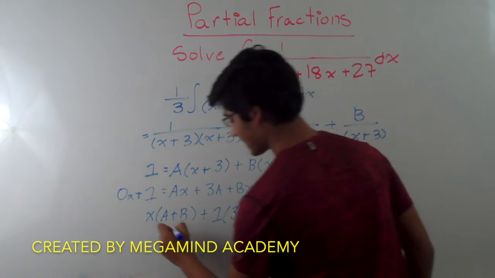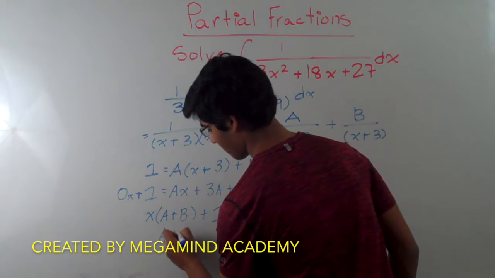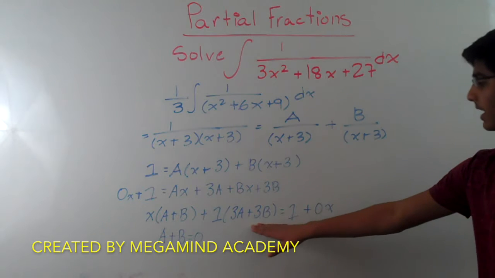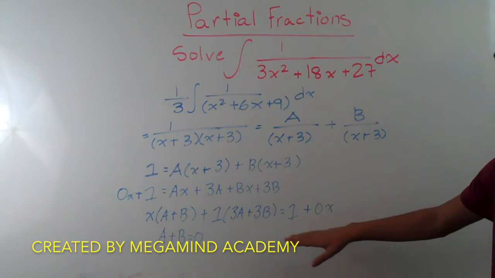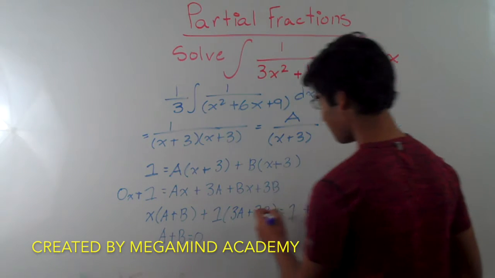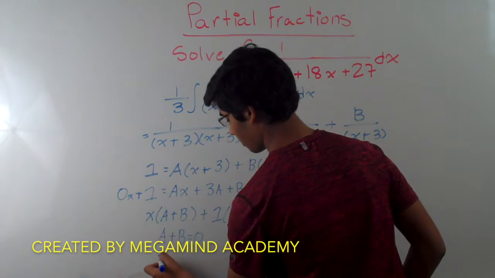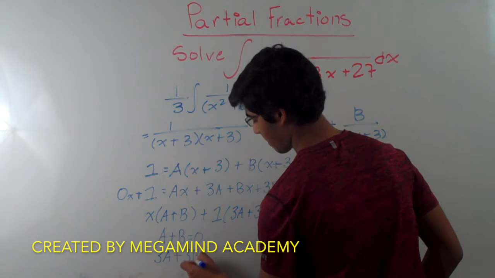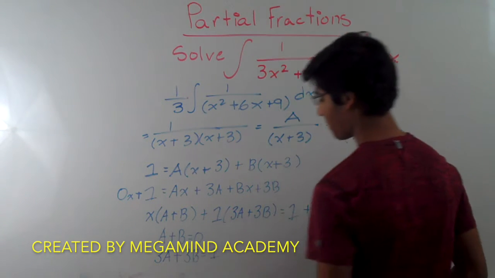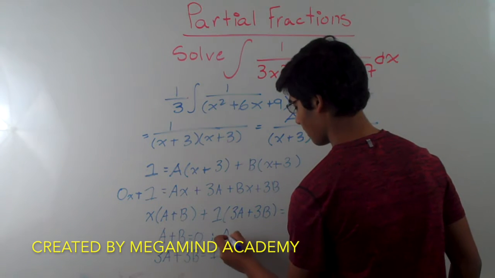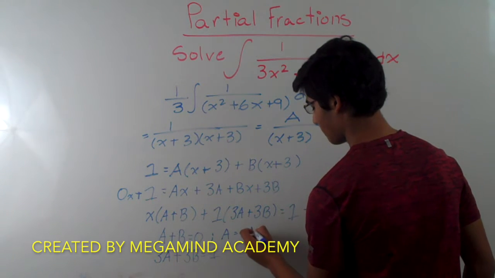So that means that a plus b is equal to 0. Here we have 1 times some value is equal to 1. So that means that this value has to be equal to 1. So we get 3a plus 3b is equal to 1. So over here, this would mean that a is equal to negative b.